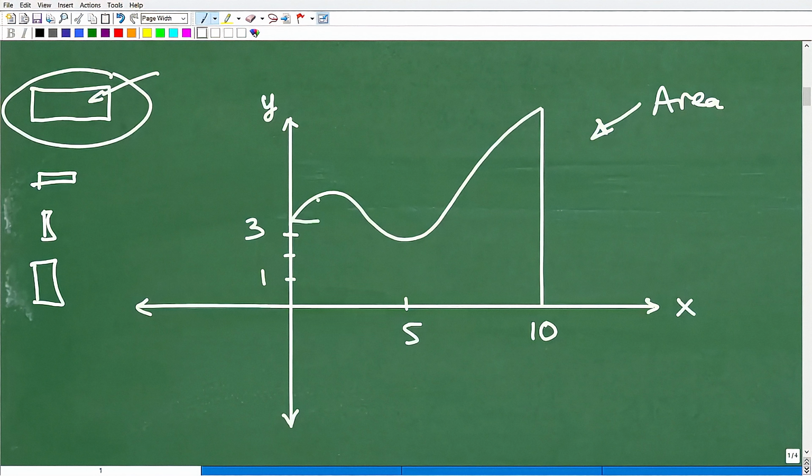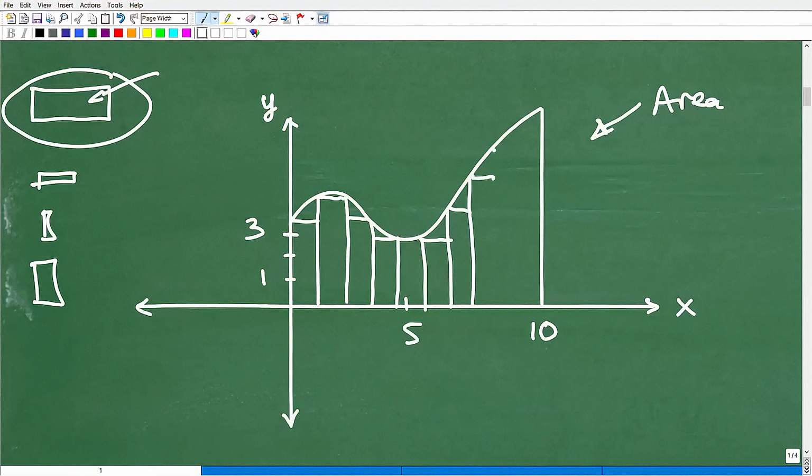So we're going to do it like this, all right? So we're going to add up rectangles vertically, okay, for the purposes of calculus. All right, so you can see here, these are all rectangles.